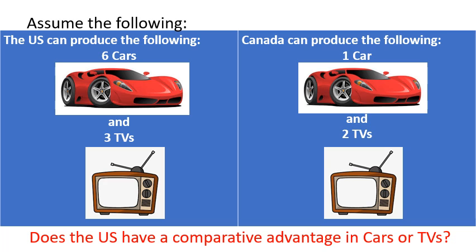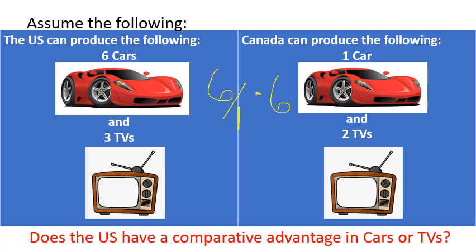We take the 6 cars that the US can produce and compare that to the 1 car that Canada can produce. 6 over 1 is equal to the whole number 6. Any number over 1 is that number itself.